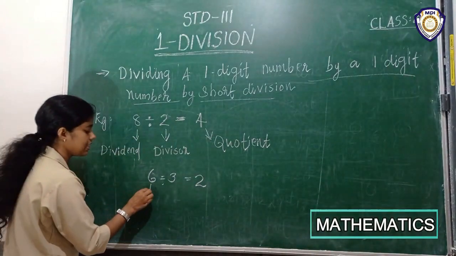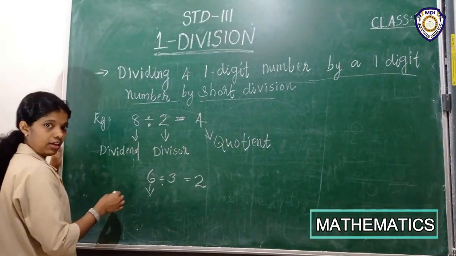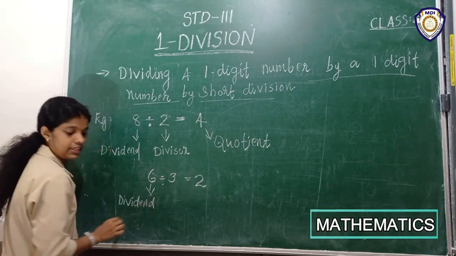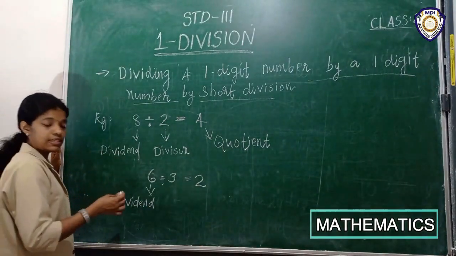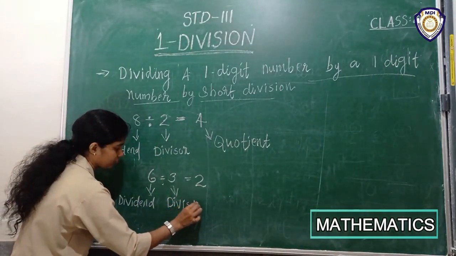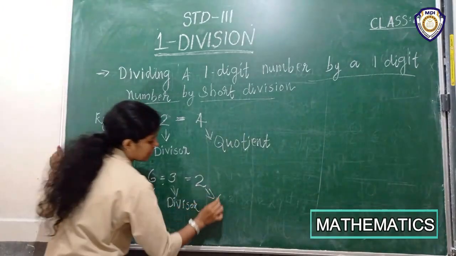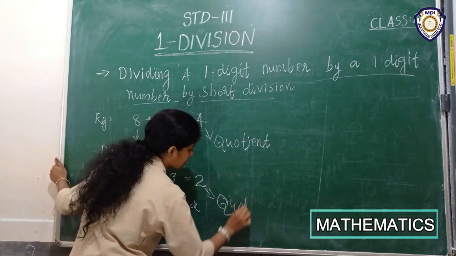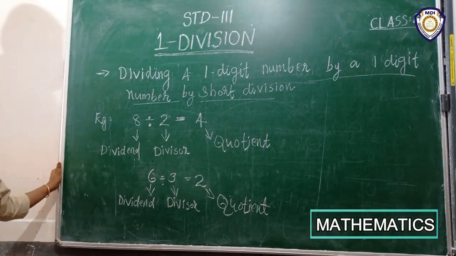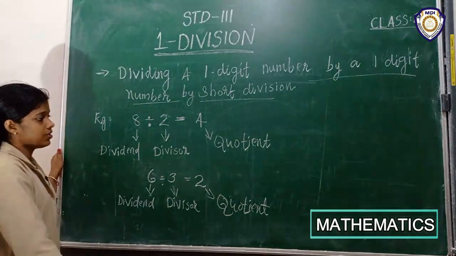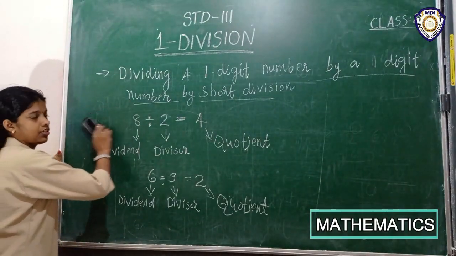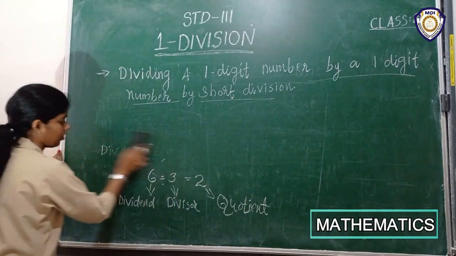Here 6 is the dividend, 3 is the divisor, and 2 is the quotient. 6 is the dividend and 3 is the divisor and 2 is the quotient. Can you follow me?